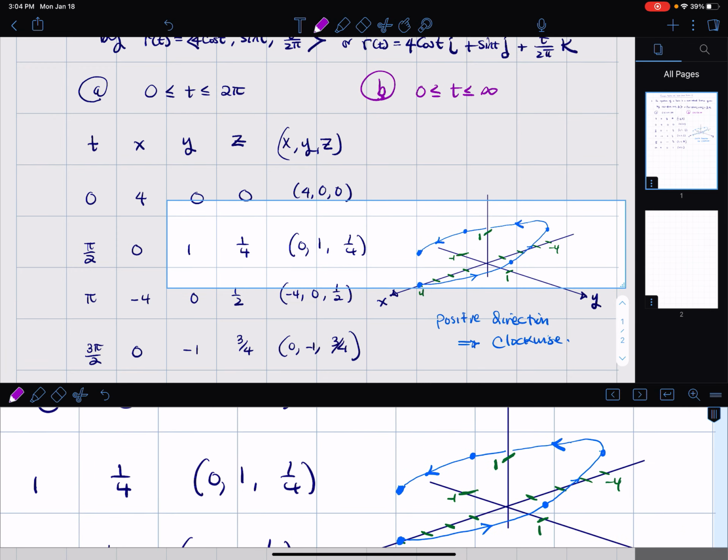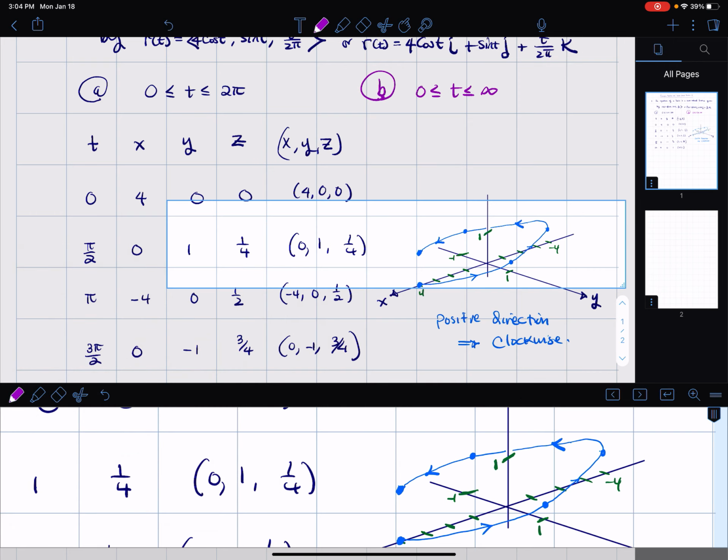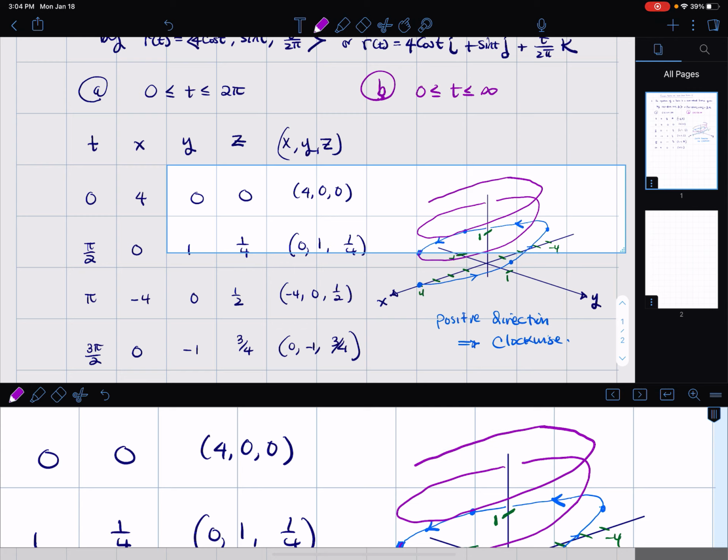We're going to continue it this way. We continue like this, and so forth. It's just going to keep going.